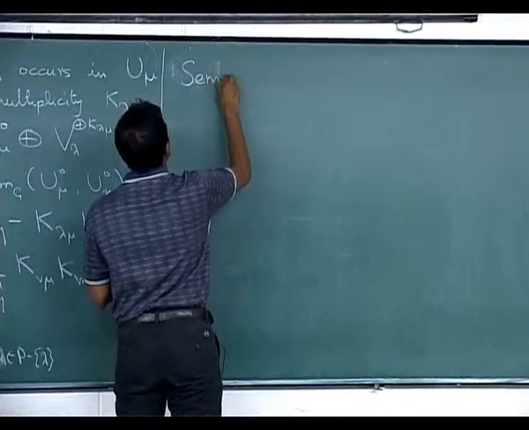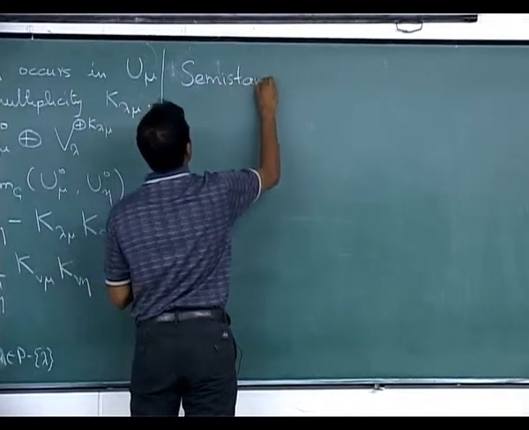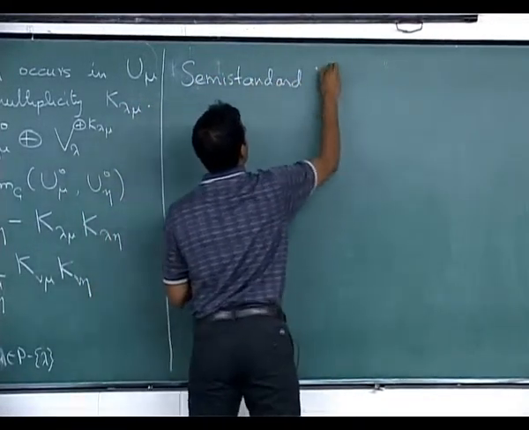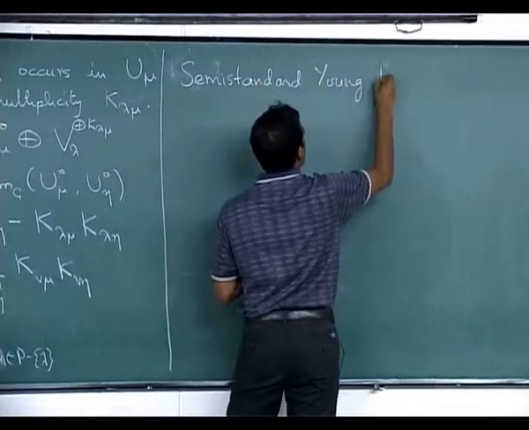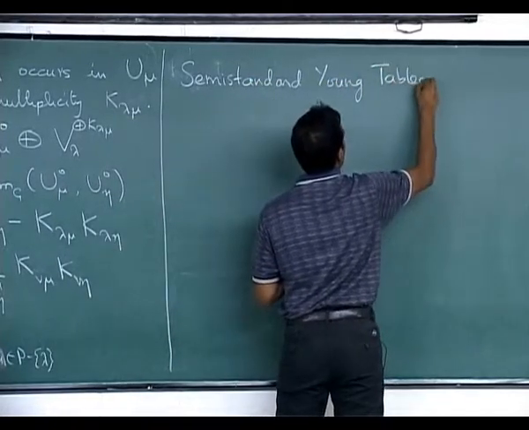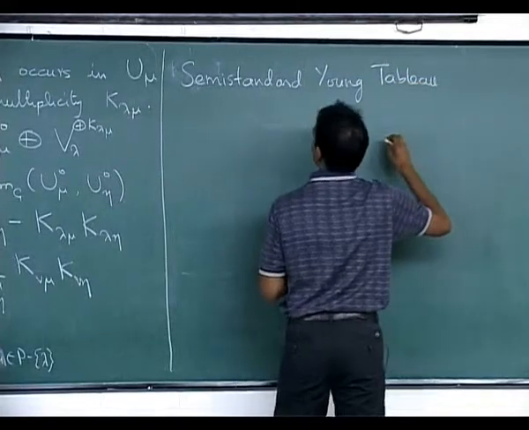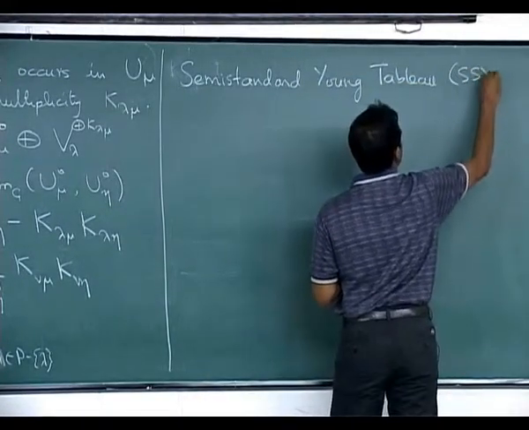The first definition is that of a semi-standard Young tableau. It is usually abbreviated SSYT.